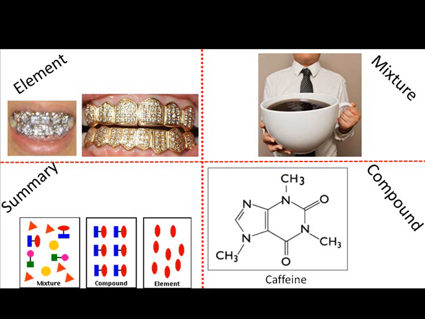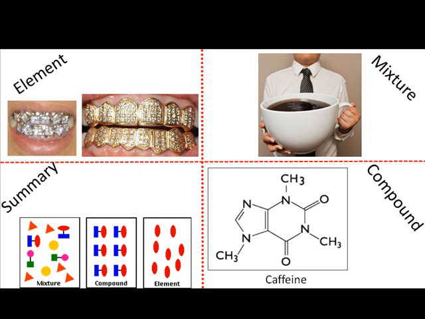Now, a compound is a molecule that's made up of two or more atoms. In this case, caffeine, there's a variety of atoms involved. If it is two of the same kind of atom, it's still considered a compound.